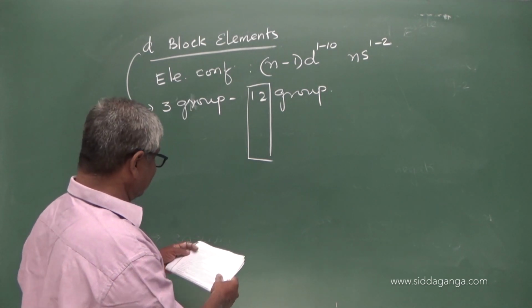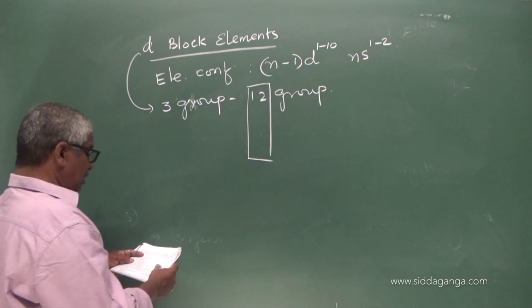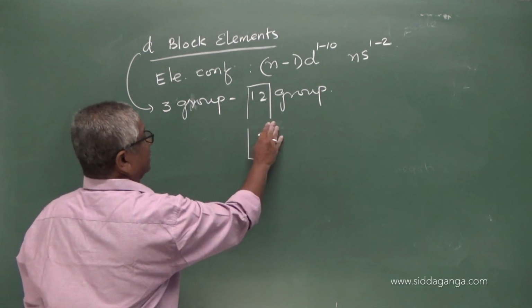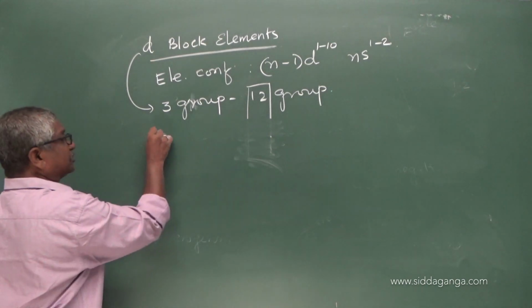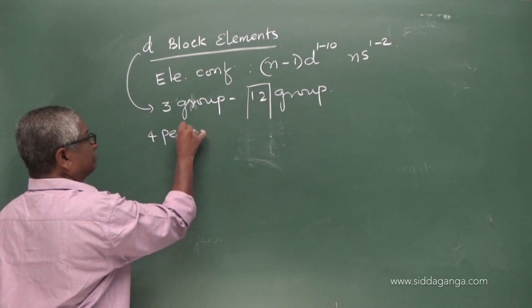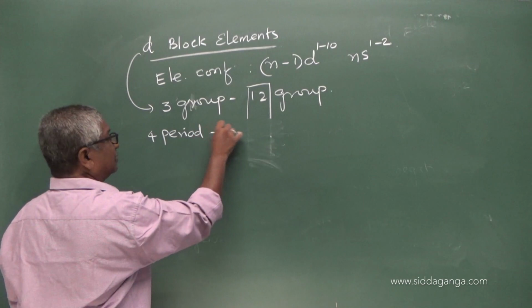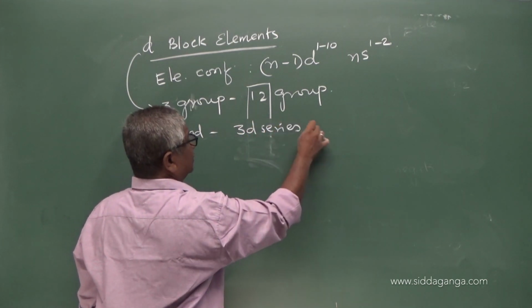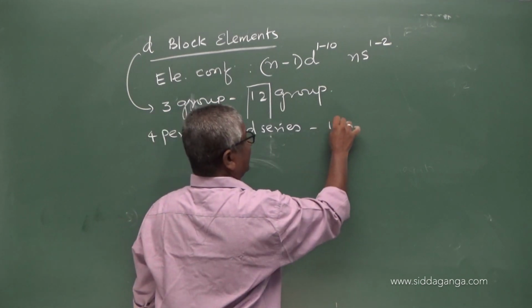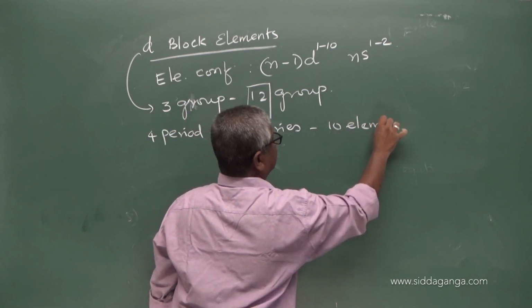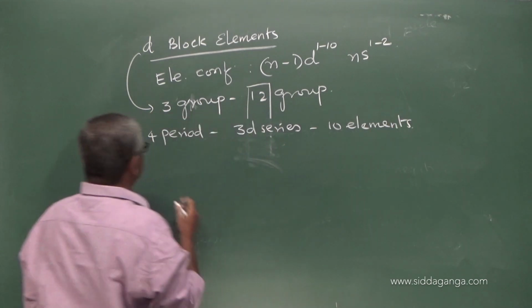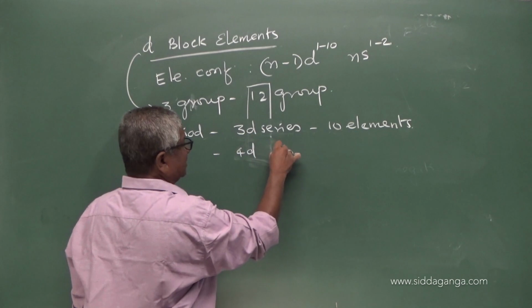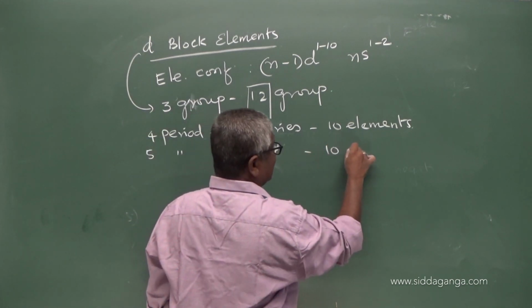So next, in this d block, the fourth period 3d series has 10 elements. The fifth period 4d series has another 10 elements.